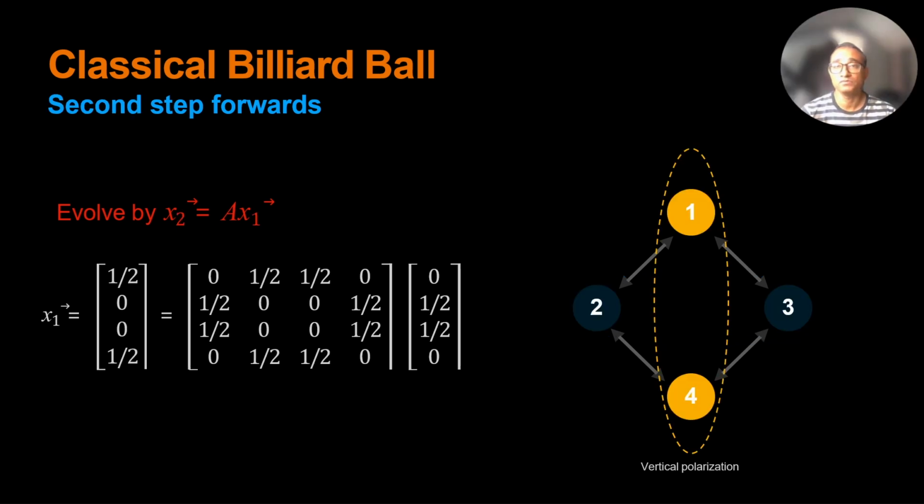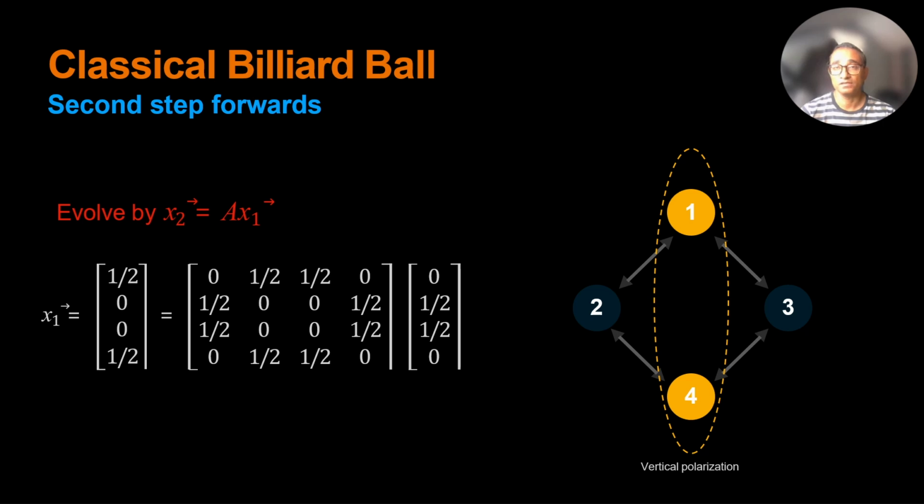We can continue these steps further. For example, now applying the matrices again, you will see that we have moved back to the vertical polarized state once again, which means we started from a vertical polarized state, we have taken a step, became horizontal, we have taken the step again, and it again becomes vertically polarized.